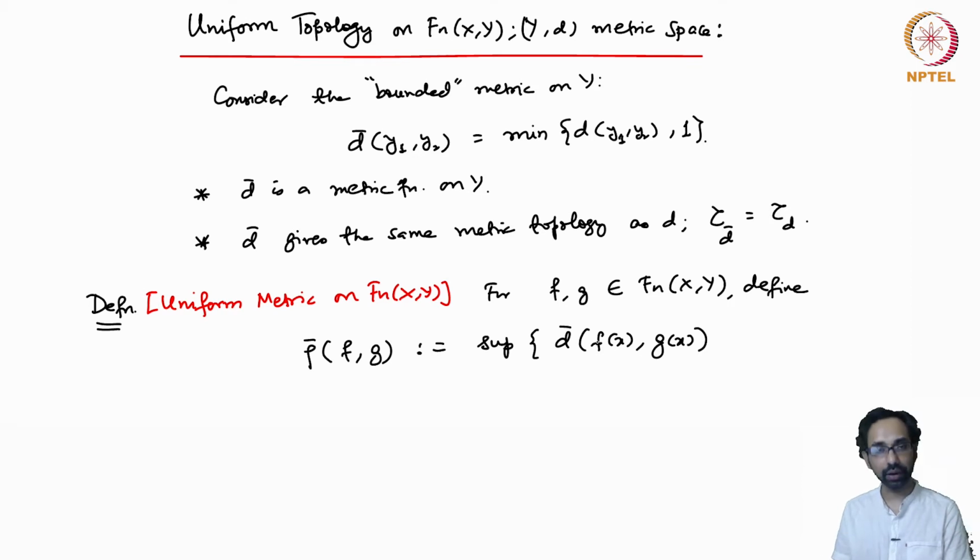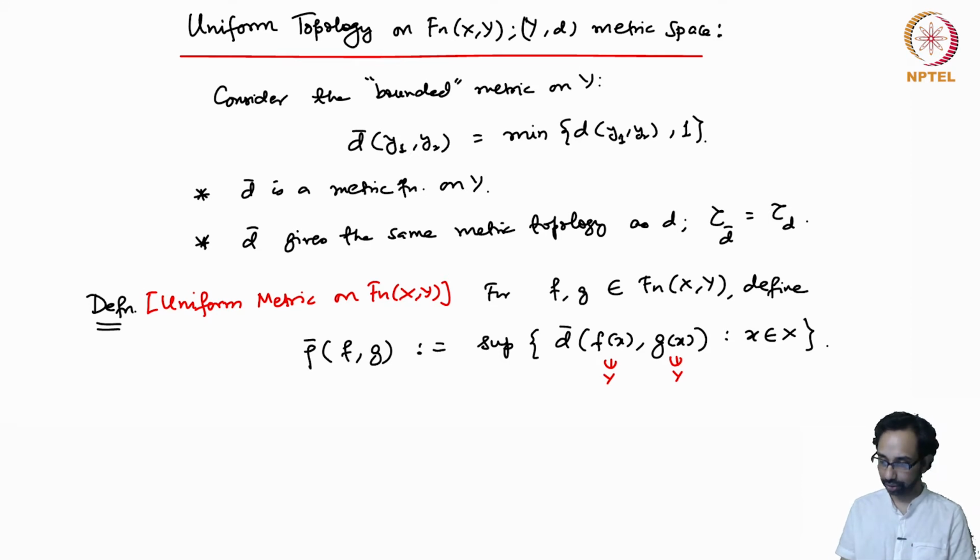Remember that f and g are functions from X to Y, so f(x) belongs to Y and g(x) also belongs to Y, and now we can use the d bar metric to get a distance between these two points, and we take the supremum of all such things when we vary the point x in X.